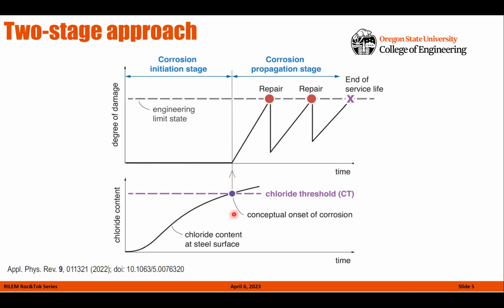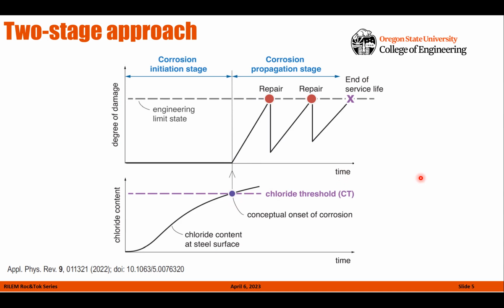The initiation of corrosion is defined by the exceeding of the chloride content beyond a critical chloride threshold. And after this point, the propagation stage is defined. During the propagation stage, we assume active corrosion has initiated.